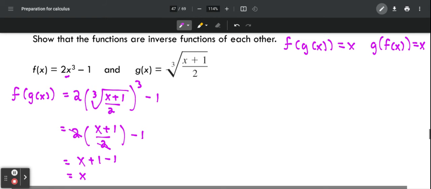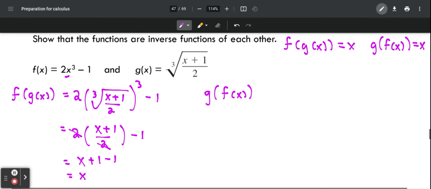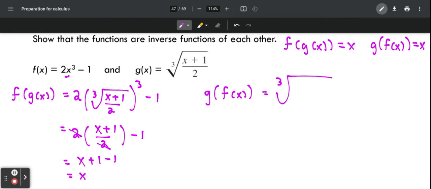So f of g of x simplifies down to be x, but you also have to show that g of f of x does the same. So this time we're going to take the cube root, and then in for this x, we're going to substitute 2x cubed minus 1. And then we still have the plus 1 from right here, all over 2.